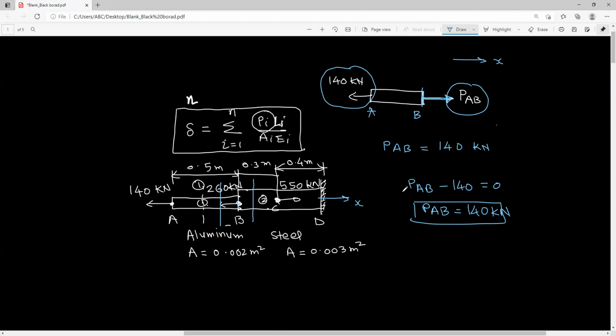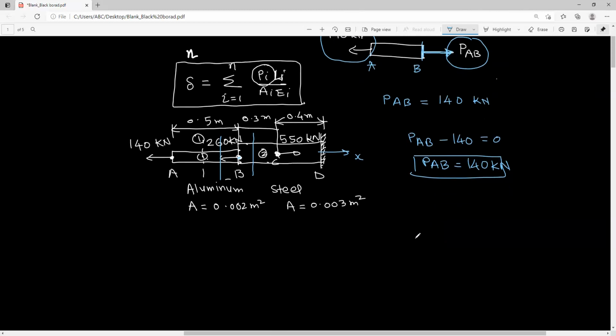What is the purpose? We can simply take the second section and show whatever the force is. We have cut the section somewhere here, second section, and here 260 kilonewton force is acting.